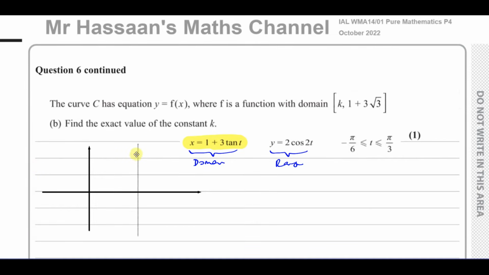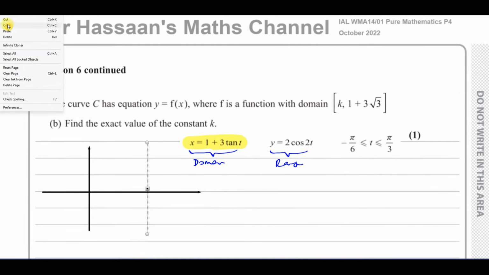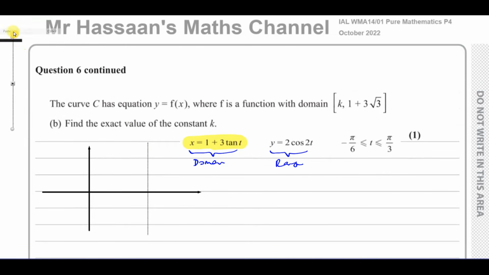So you'll have an asymptote and another asymptote over here somewhere, which won't affect us because we're not in that range. So minus pi over 2 and pi over 2 are the asymptotes for the tan curve, and this is 1 plus 3 tan t.